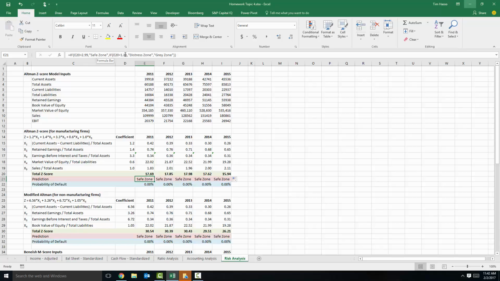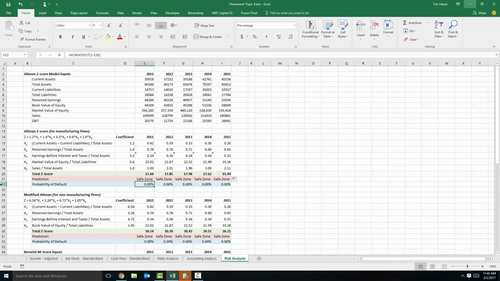If it's on the other hand below 1.81, it's in the distress zone, so it means that it's probably in some form of financial problems. And if it's neither of these, or in effect in between these two values, it's in the gray zone. So in this case, we can see that H&M is in the safe zone.